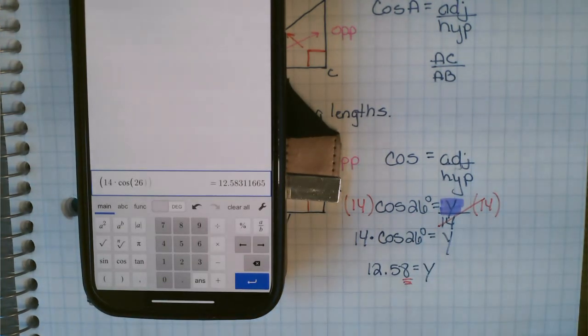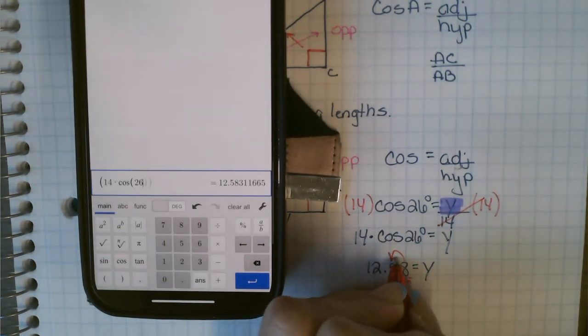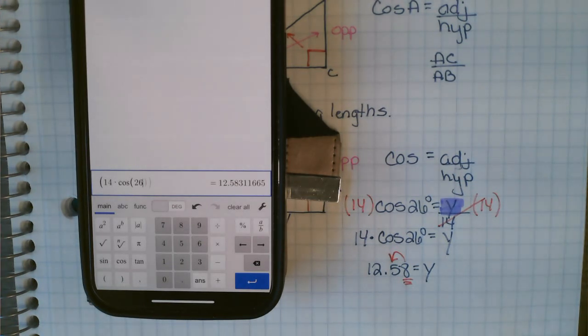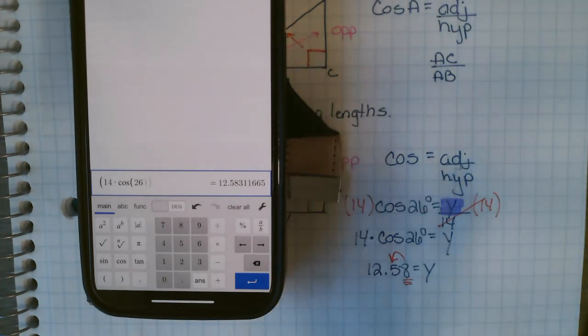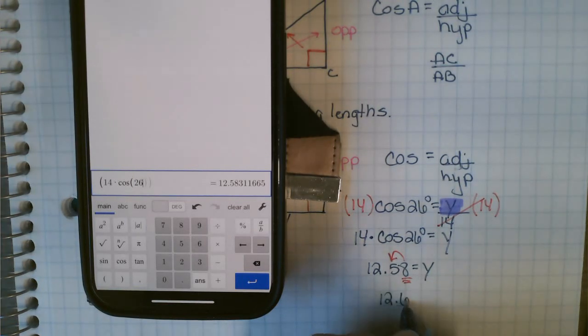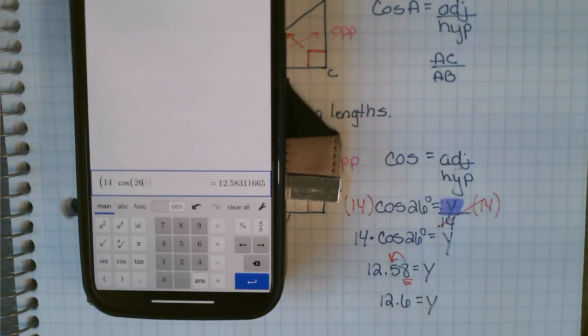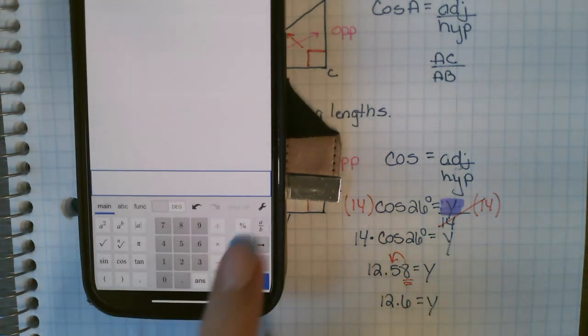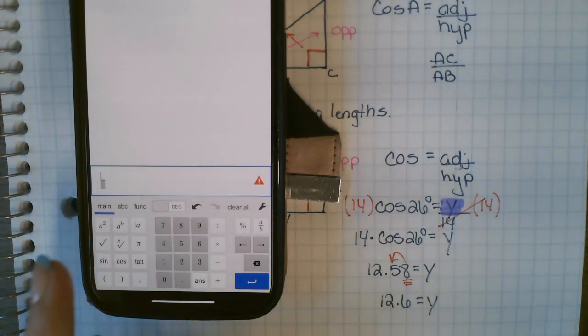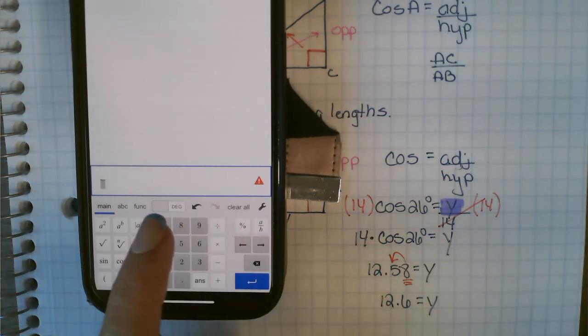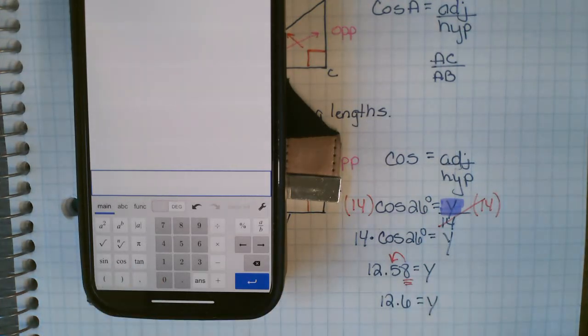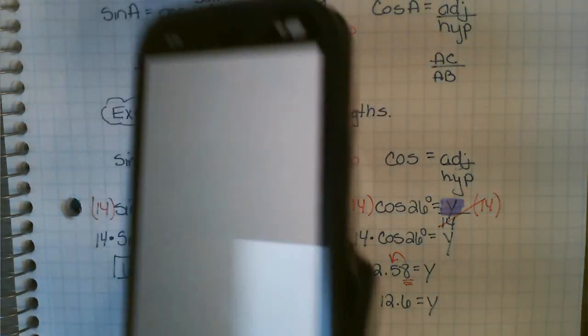It's above 5, so that means I've got to round up the 5 to make it a 6. So my answer is actually going to be 12.6 equals y. You could also hit your ABC. And actually you don't have to hit the ABC because this one's not. So you just literally do exactly 14 times cosine 26.